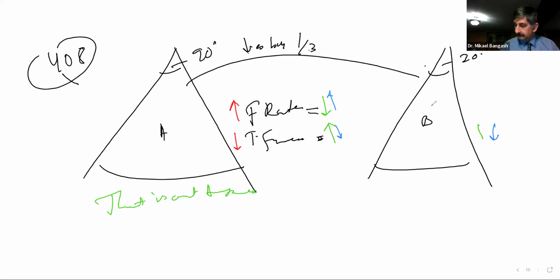Multifocus is turned on. Now, if you had turned on the multifocus, that would increase the T frame and reduce the frame rate. So that's the one. PRF is increased.